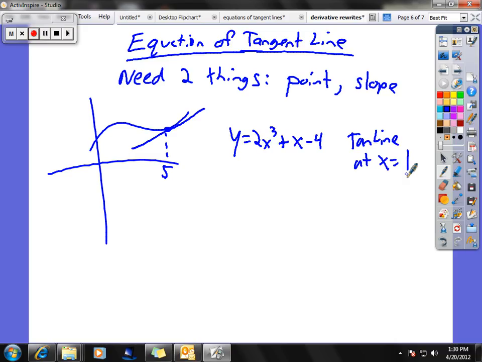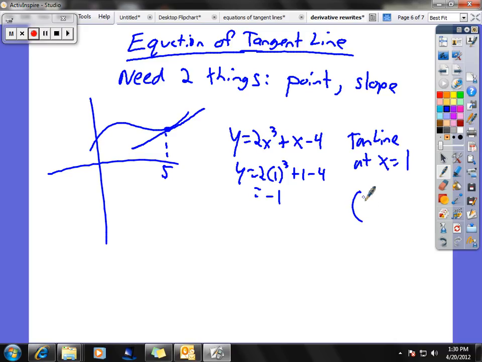So you need a point and a slope. What you have is an x, so you're going to need a y. That's easy to get because you just plug x into the original to get your y. So y equals 2 times 1 cubed plus 1 minus 4, and that is equal to what? -1. So y is -1.